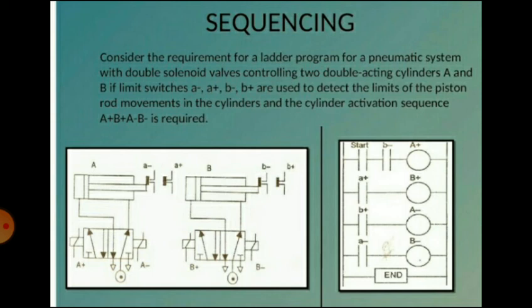So when B plus is activated, you will get the forward stroke of cylinder B. When the piston rod reaches B plus, then the A minus solenoid will get activated, and when the piston rod moves to B minus, according to that you will get the sequence A plus, B plus, A minus and B minus. So you can see this slide for the sequencing operation.